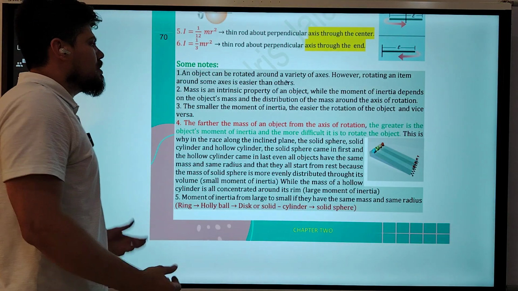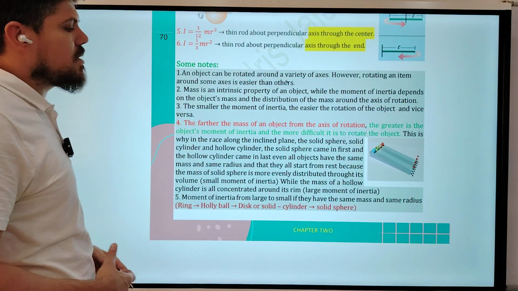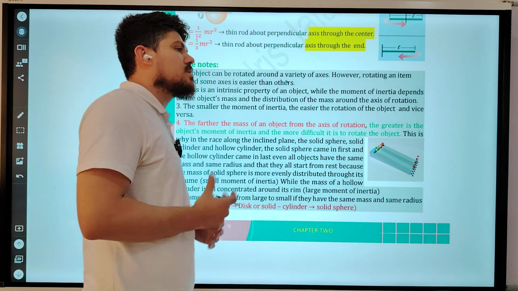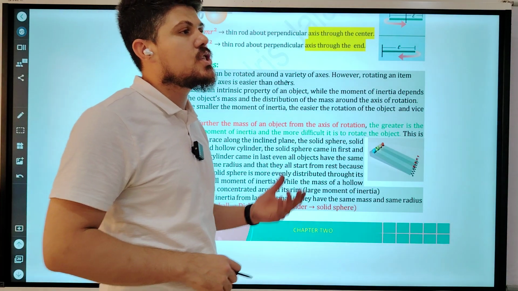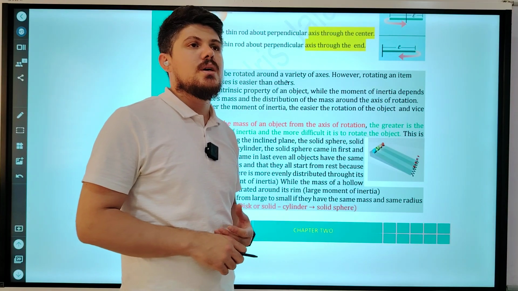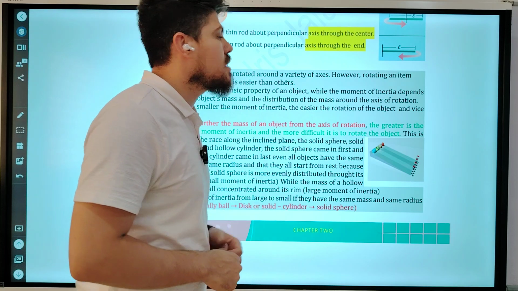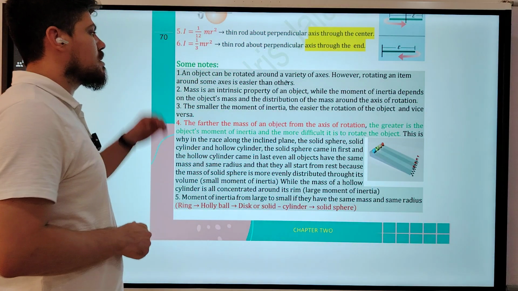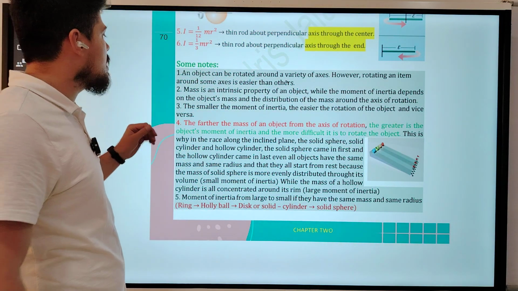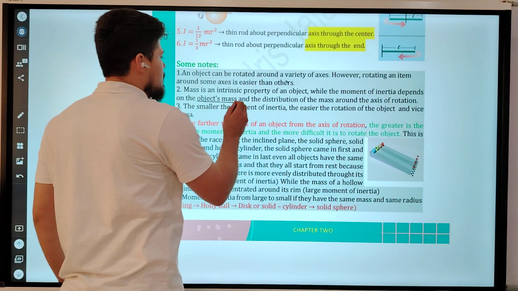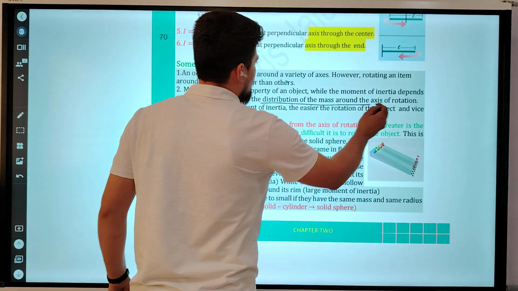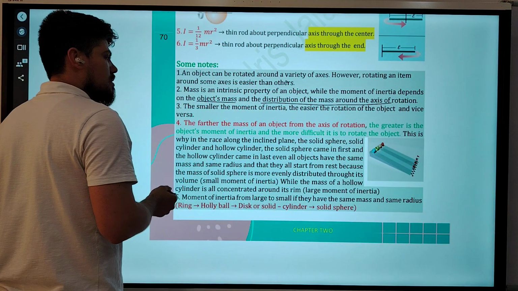Mass is an intrinsic property of an object, it depends on the number of particles, and it doesn't change by changing location. Mass is constant. While the moment of inertia depends on the object's mass and the distribution of the mass around the axis of rotation, which is very important.